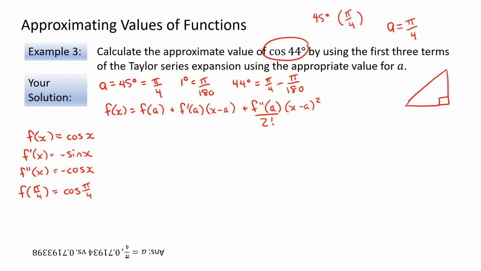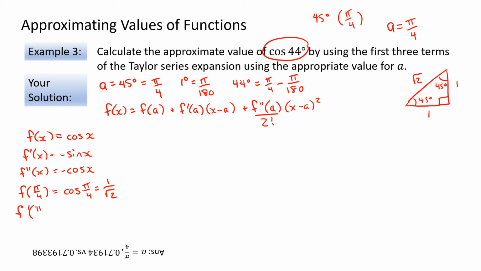So we have 90 degrees, 45 degrees, and 45 degrees. Remember, these sides have to be the same because this is an isosceles triangle. So they're 1 and 1, which means the hypotenuse is root 2. So cosine is equal to the adjacent side over the hypotenuse, which is 1 divided by root 2. So the cosine of pi by 4 is 1 divided by root 2.